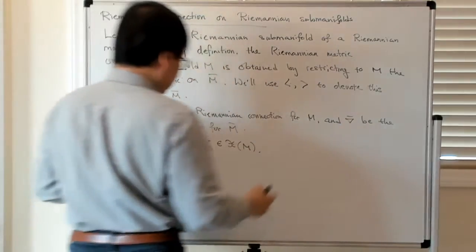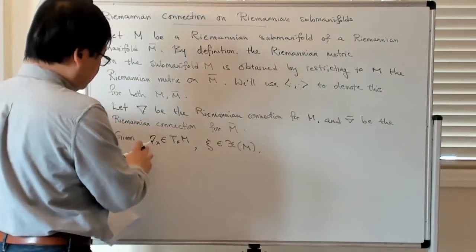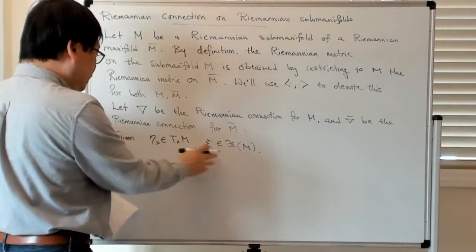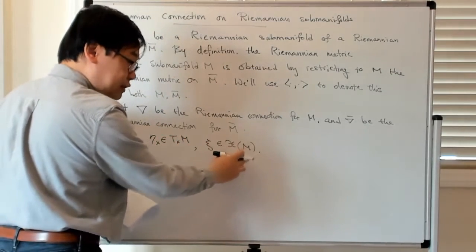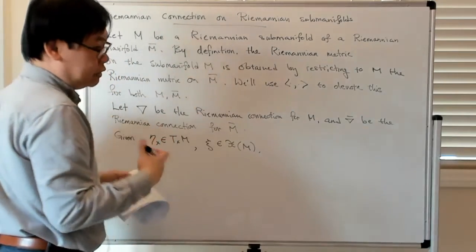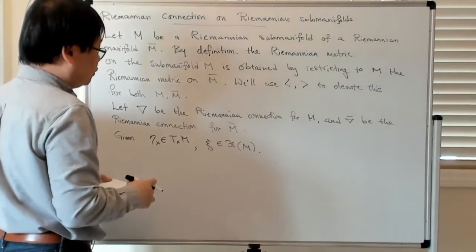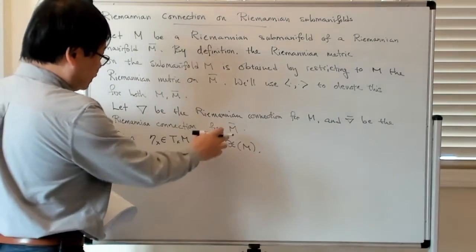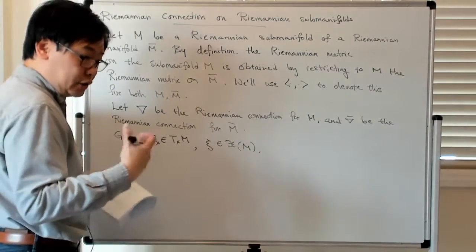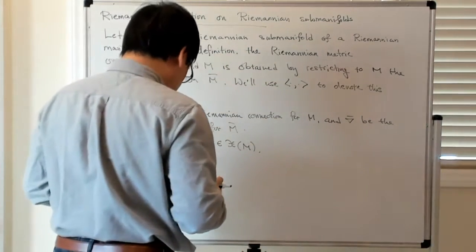The first thing to do, of course, is to think of these things as tangent vectors and vector fields on M bar first. And when you do that, you can then use the Riemannian connection nabla bar on M bar to give you something.